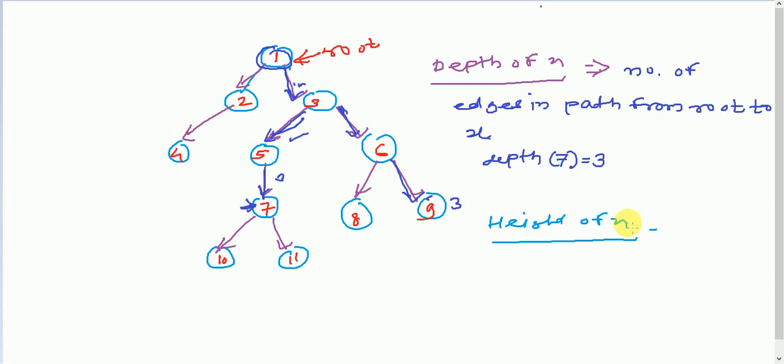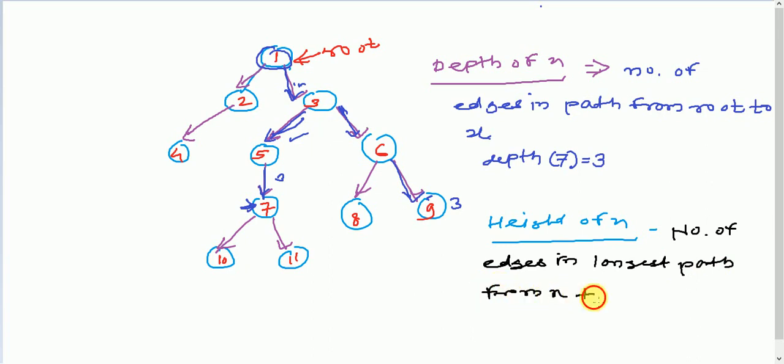The height of X is generally given as the number of edges in the longest path from X to leaf. Very important: we find depth from X to root, whereas we find height from X to leaf.